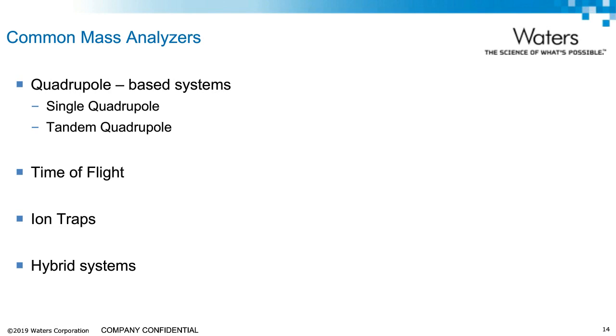There are, of course, other types of mass analyzers not mentioned here, such as sector MS, but these are usually very specialized. We will be focusing today on the most common analyzers, but of course you can find additional information on others online if you are interested.